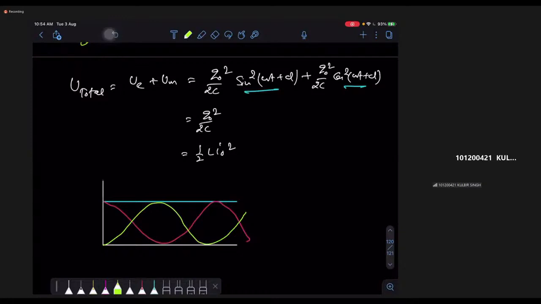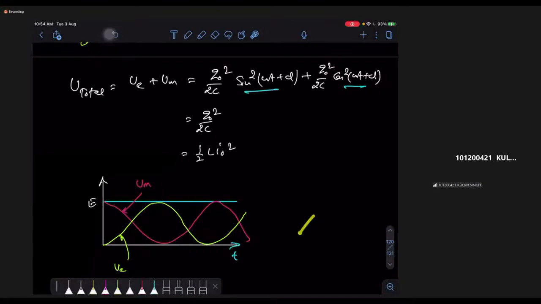So this red color represents our magnetic energy, and this green color represents our electrical energy. This is my total energy. So total energy is not changing. The sum of the magnetic and electrical energy is a constant. So what is changing? The sharing is going to change.